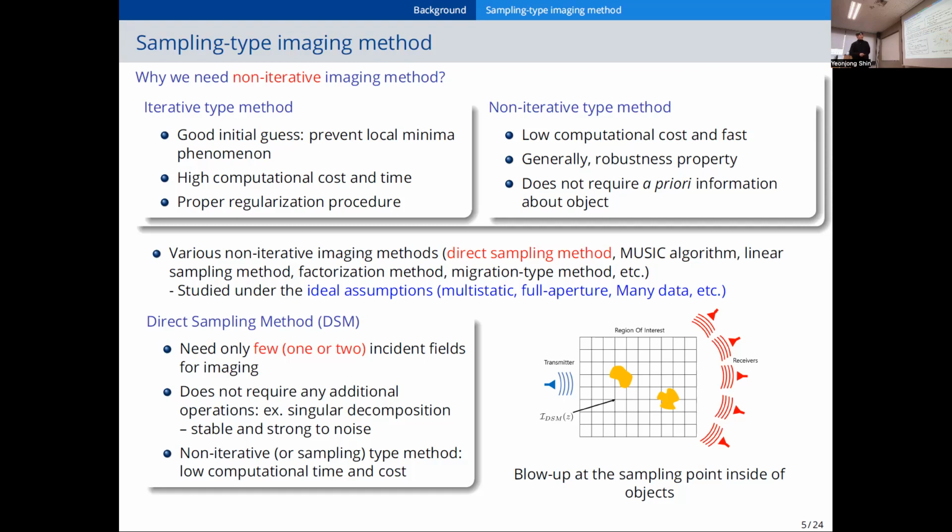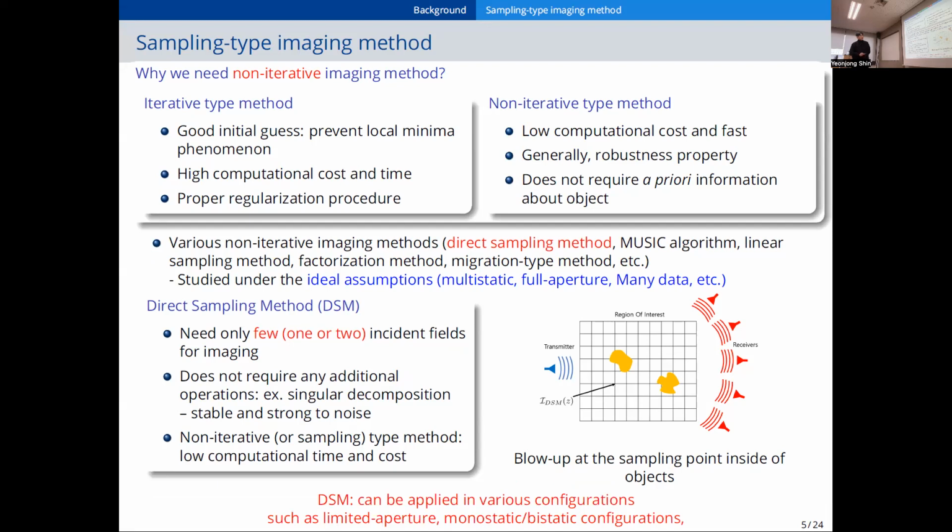Also, it does not require any additional operation, such as singular value decomposition like the MUSIC algorithm or linear sampling method. So it is very stable and strong to noise. And also, this DSM is a non-iterative type method, so it requires only low computational cost and time compared to iterative type methods.